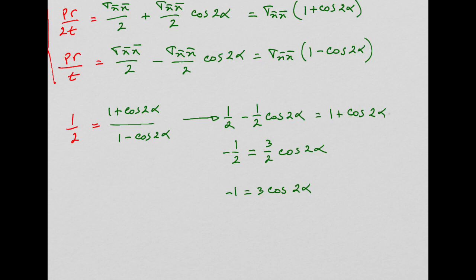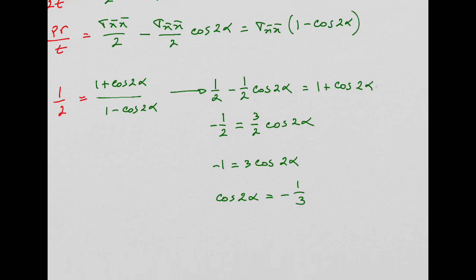So that will give me cosine of 2 alpha equal to minus 1 over 3, which, yeah, did I make something wrong?